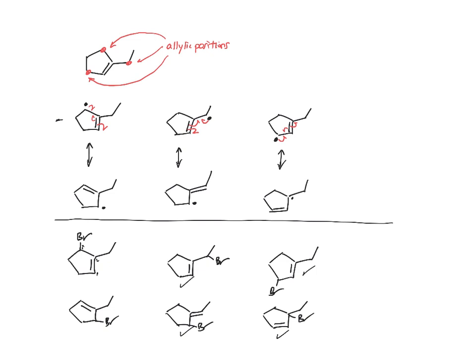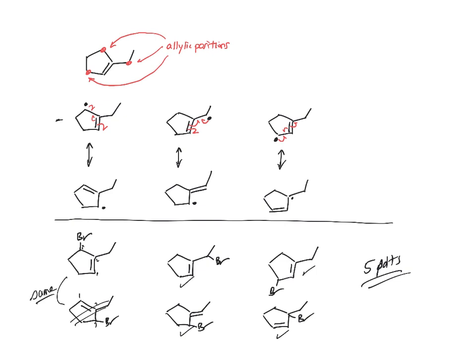So the double bond starts at carbon 1 and the bromine is at number 3. Do the same thing here. There's 1, there's 2, there's 3. The double bond starts at 1, bromine's at 3. These 2 actually end up being the same. And so I can say, I'm not going to consider that one. So net overall from this were 5 products. And we considered all the allylics and then all their resonance structures. 1 was a repeat, so we ended up with 5 products.